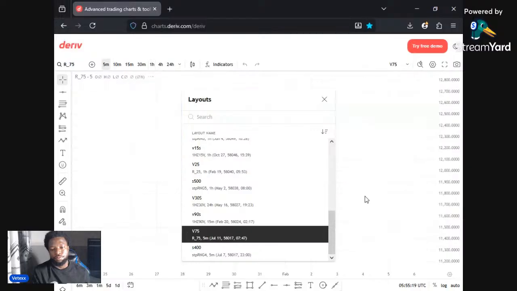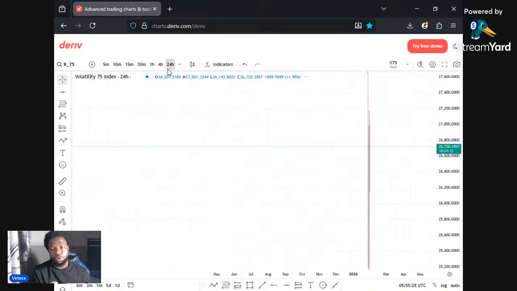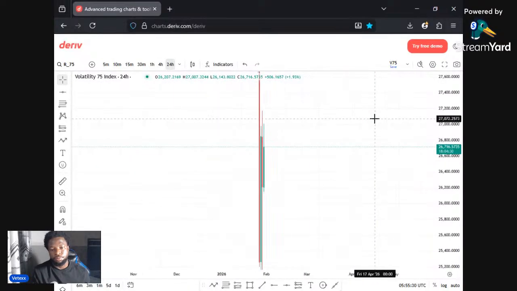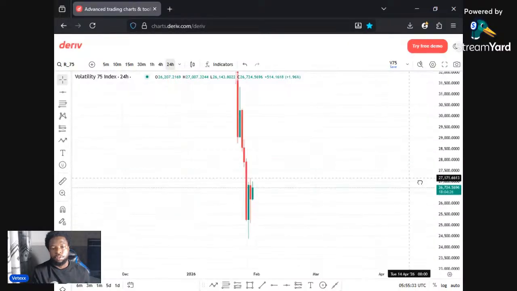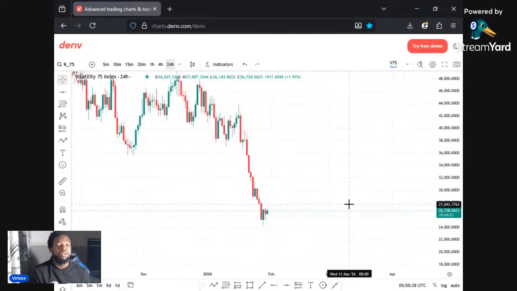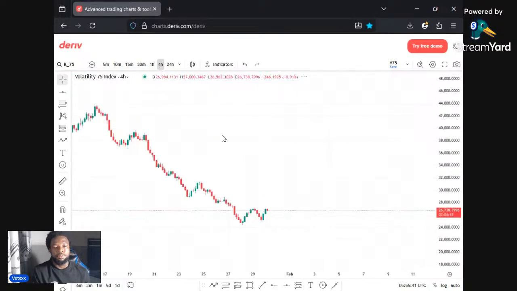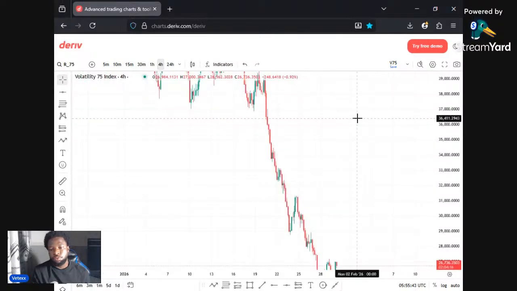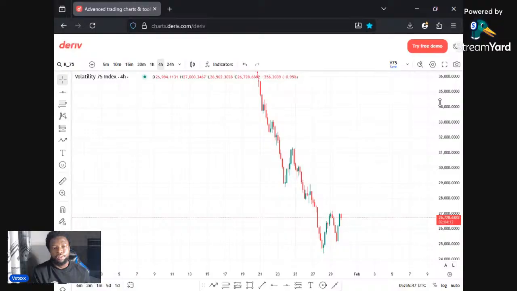V75. Starting from the 24-hour time frame, V75 is bearish, very, very bearish. Let's check the 4-hour time frame. The 4-hour time frame is still bearish. Let's check the 1 hour.